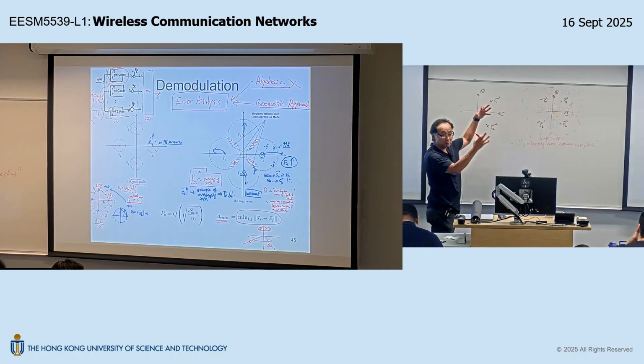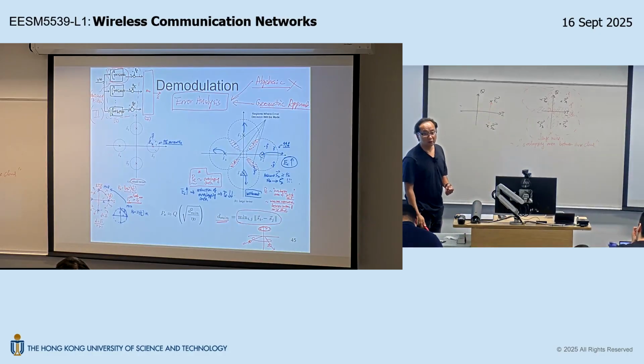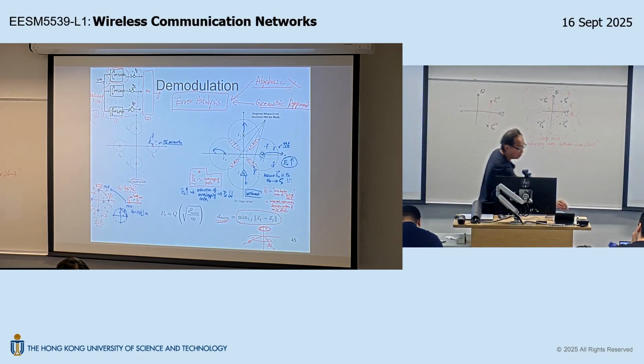For a fixed size of the noise cloud, the overlapping area depends on the distance between these two centers, right? Okay? So if I want to reduce the overlapping area or reduce the error probability, I need to do something to increase the separation of the centers. Is that okay?